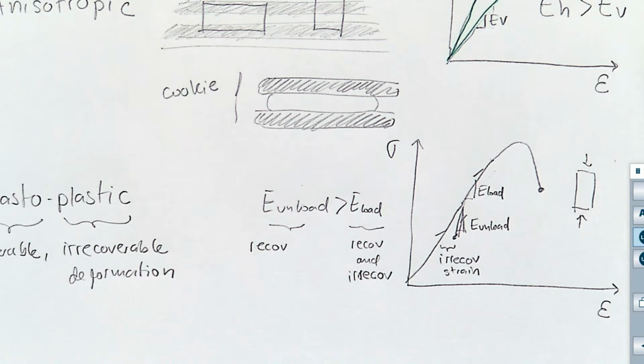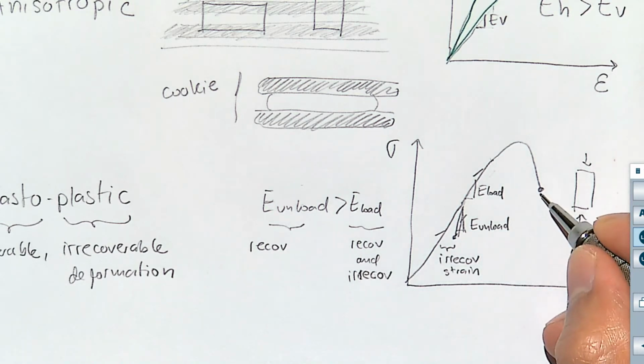But the problem is that actually you are producing some strains that are not recoverable, and that's why it looks softer. And if you treat it as a black box, then it will be softer. But that's because it combines both the irrecoverable and the recoverable strain.